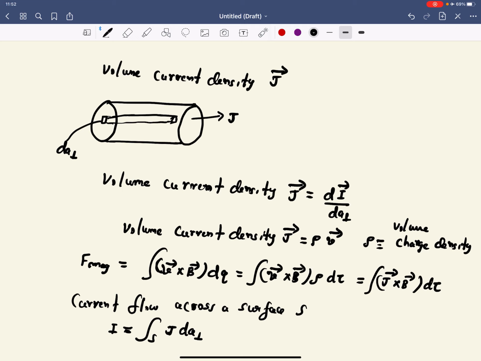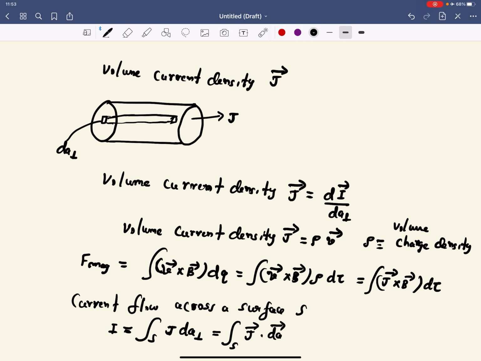We have taken scalar quantities here without worrying about directions, but we know the area of cross section is perpendicular to the flow direction. In vector notation, we can write this as J dot dA.